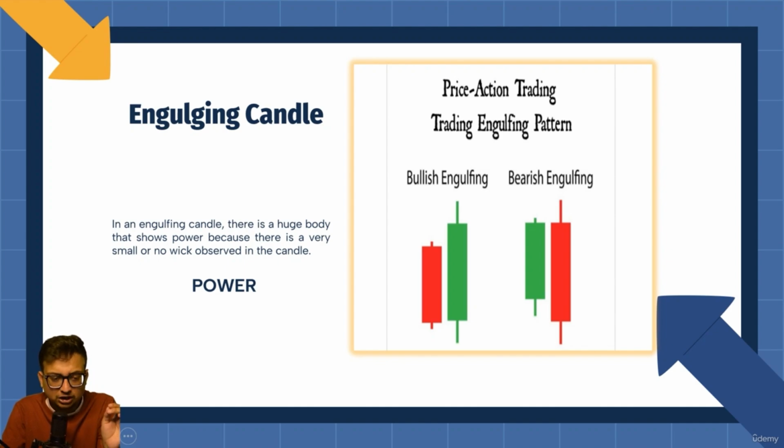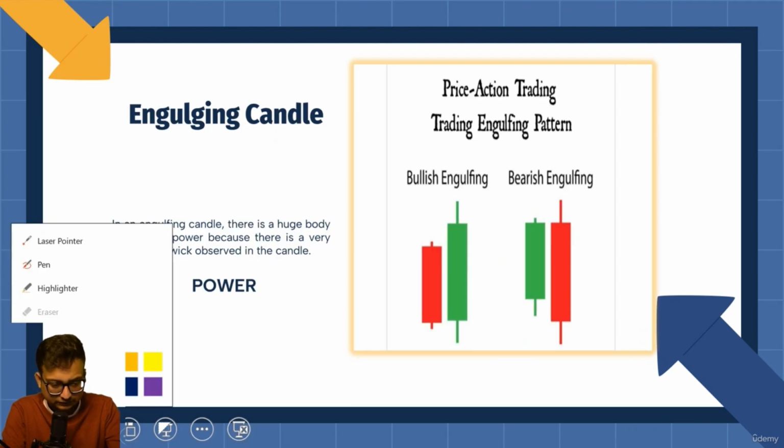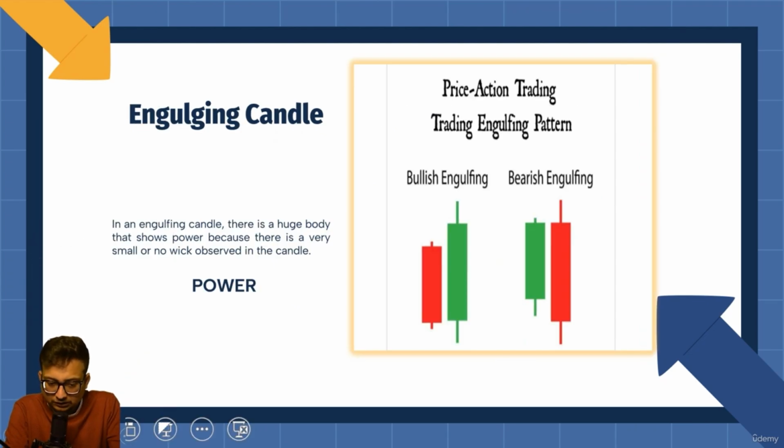So first of all, the meaning of the engulfing candle and how to interpret it. Let's say this was a particular candle and this is the engulfing candle.